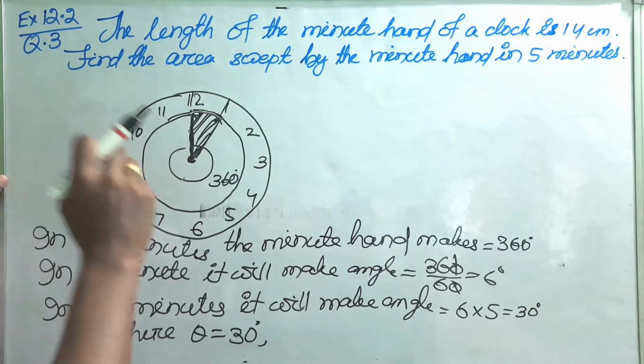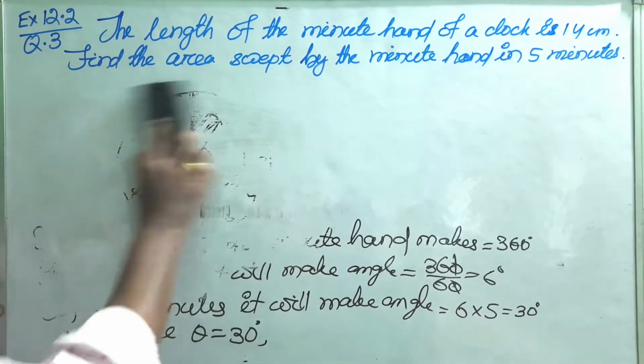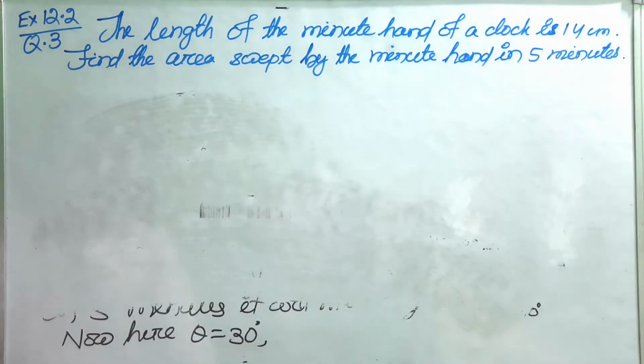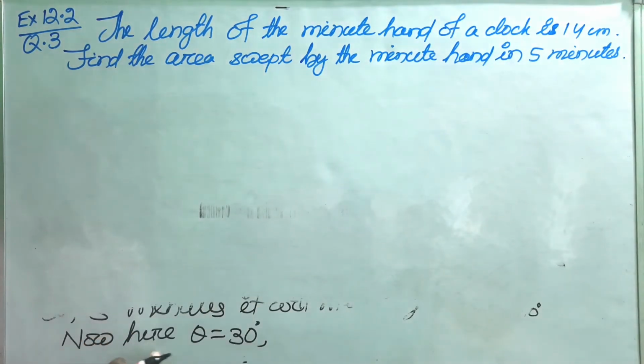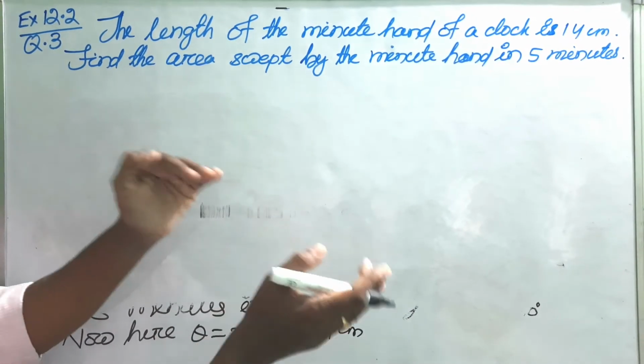So how to find the area of a sector? What is the formula? Here theta is 30 degree. Now what is the radius of the sector? The radius of the sector is 14 centimeter because it is equal to the length of the minute hand.